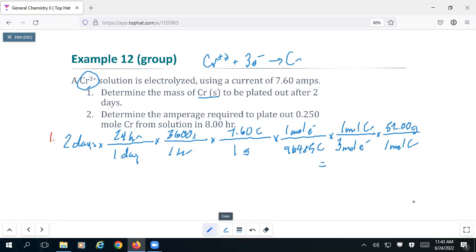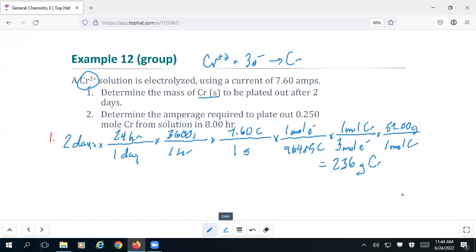So if I carry it all the way through: 2 times 24 times 3,600 times 7.6 times 52, divided by 96,485, divided by 3. To 3 significant figures, it's 236 grams of chromium.